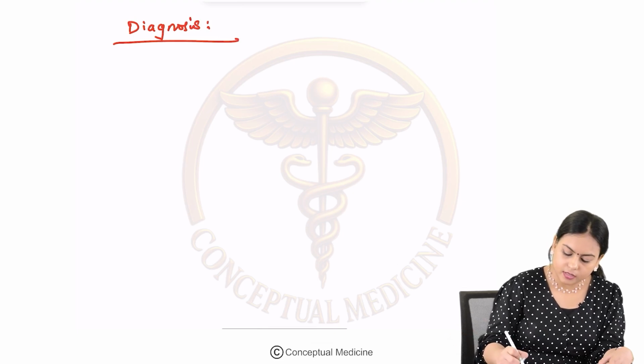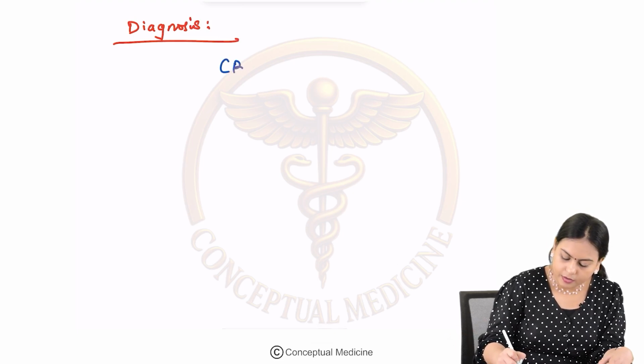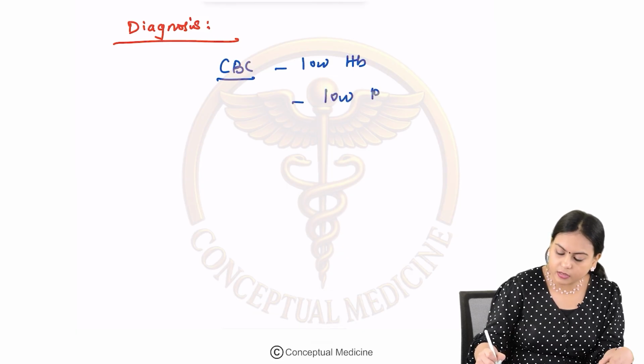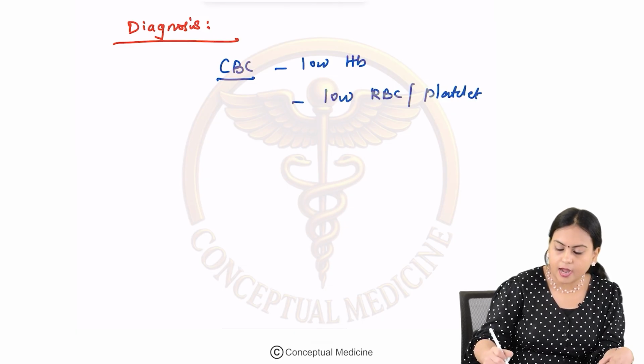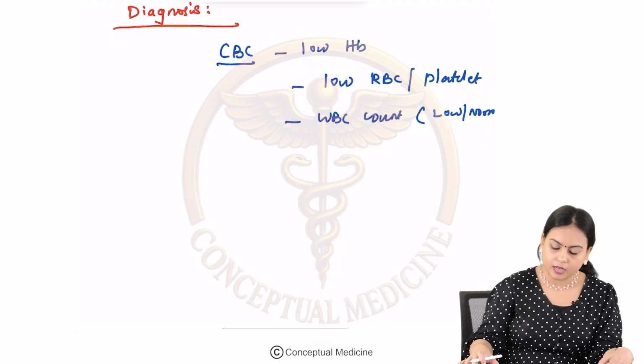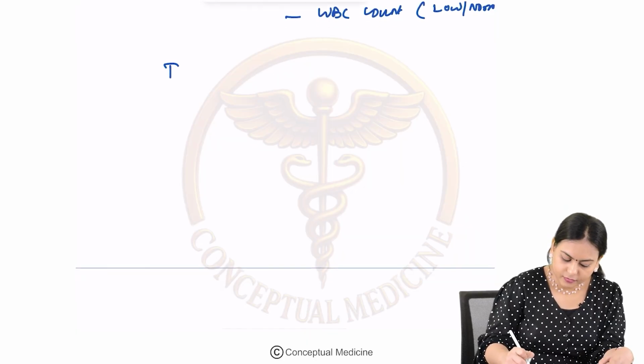Diagnosis is usually made on CBC. We see a low hemoglobin content and reduced RBC count; platelet count and WBC count can be low or normal. And then we will see the indices.